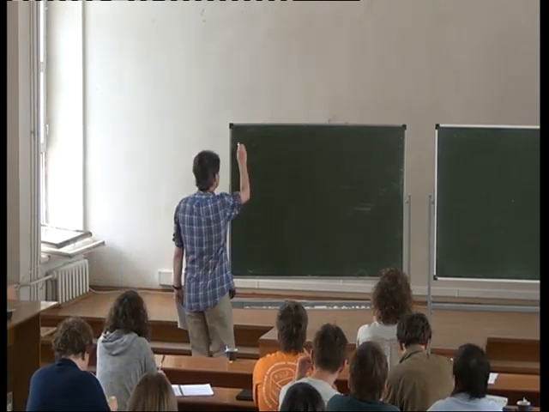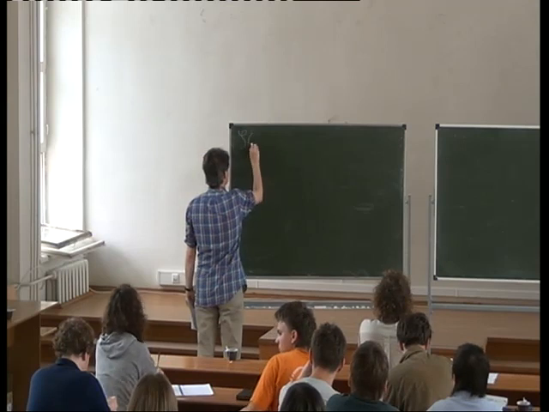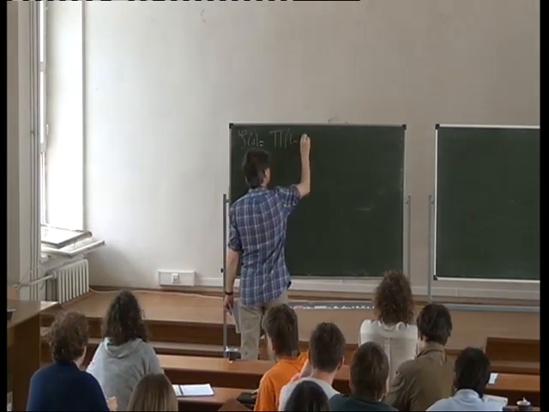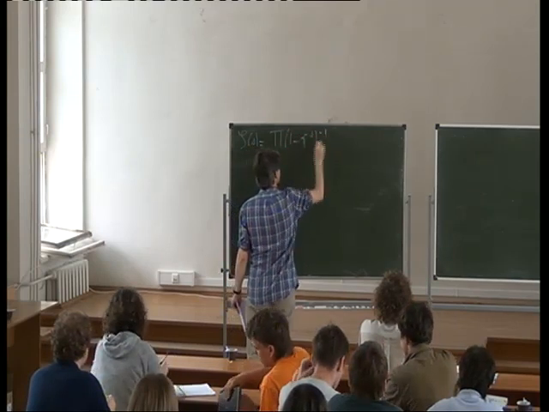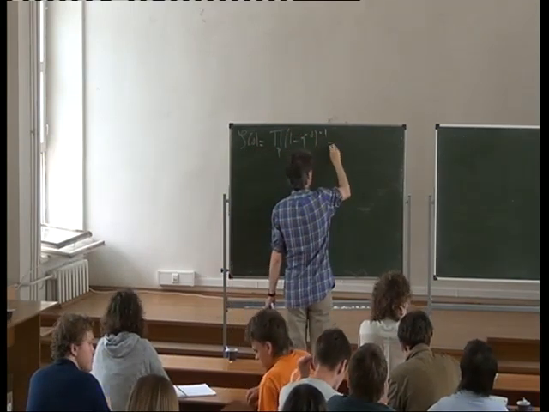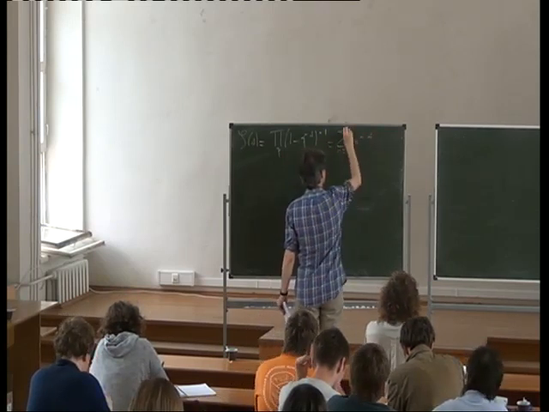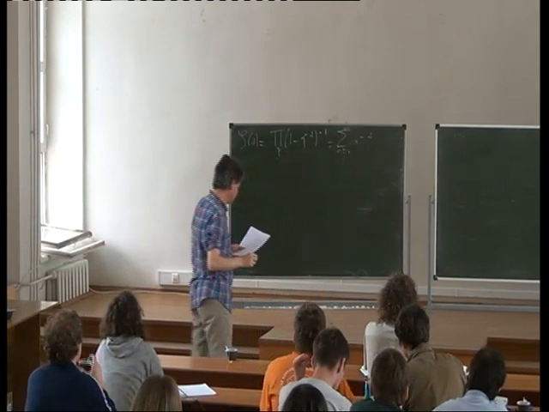So remember, we have the zeta function, something like this, an Euler product, which of course you can write also as a Dirichlet series.